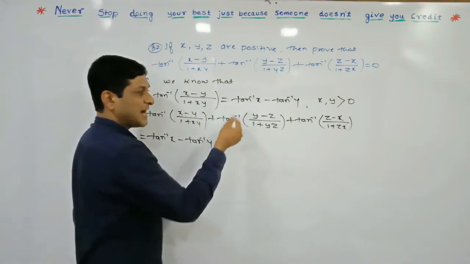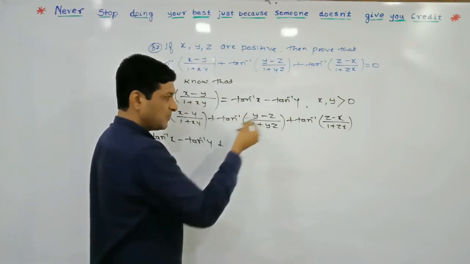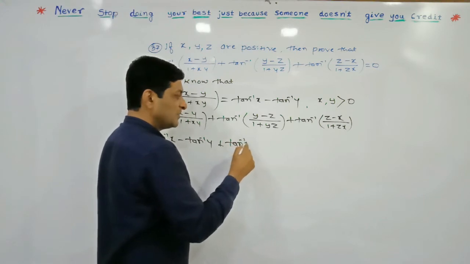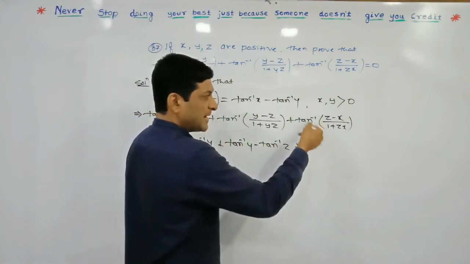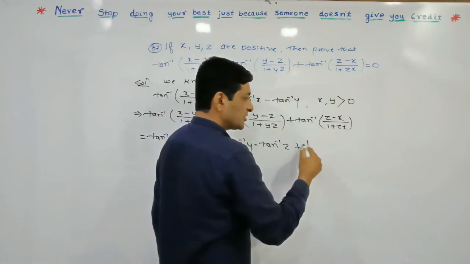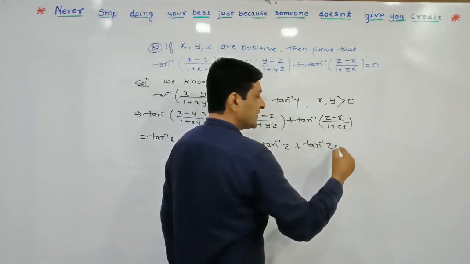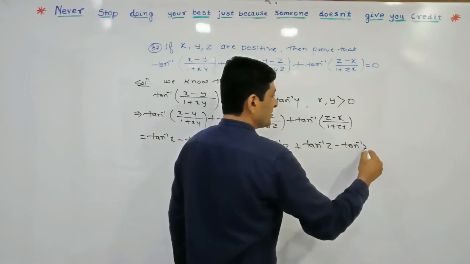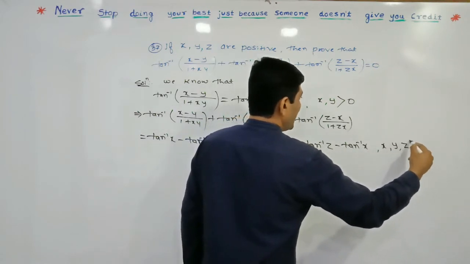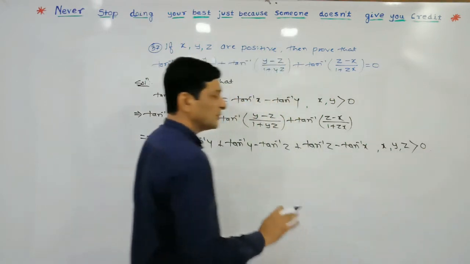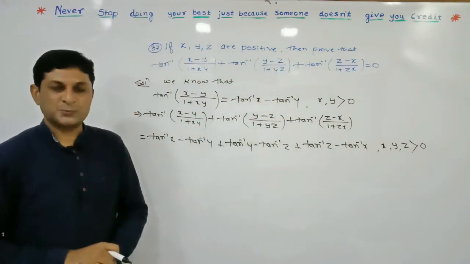The same property applies here, so we get tan inverse of y minus tan inverse of z. Again applying the same property, the value of this expression will be equal to tan inverse of z minus tan inverse of x. It is given that x, y and z are positive, meaning greater than 0, which is why we are able to apply this property.